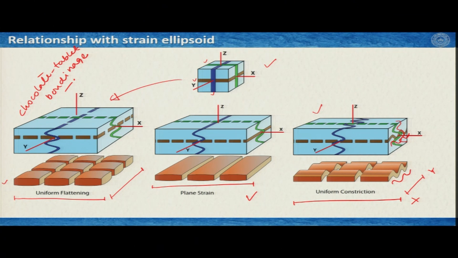So, this is how you have the chocolate tablet boudinage, simple single boudinage as you see here, and then boudinage with folding. You can form these in a single deformation. We will see boudinage in superposed deformation soon, but the message I would like to give with this slide is that if you see a chocolate tablet boudinage, or boudinage in one section and the same layer folded in another section, that does not necessarily indicate it is a result of superposed deformation.